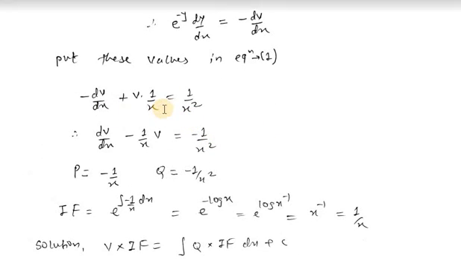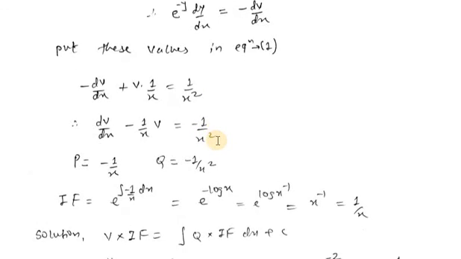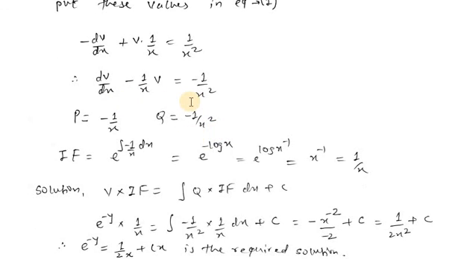Now multiplying this equation by a minus sign, we have dv by dx minus 1 upon x into v equals minus 1 upon x square. Now this is linear in v, and by comparison we have p equals minus 1 upon x and q equals minus 1 upon x square. Now the integrating factor is e raised to integration p of x dx, and p of x is minus 1 upon x, and the integration of 1 upon x is log x, minus sign as it is.